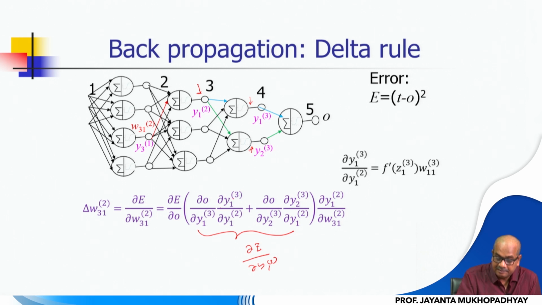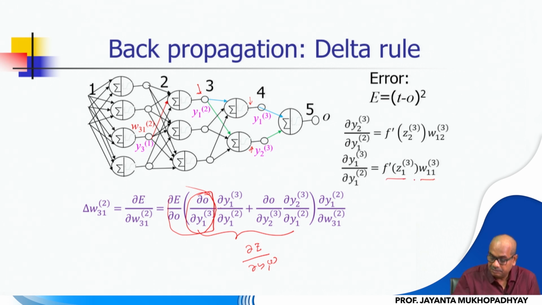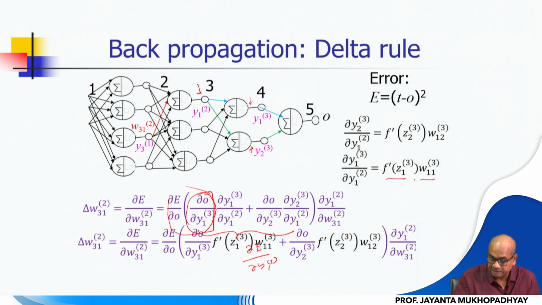You have already computed this part, delta E, delta O, and then you are simply multiplying with the nonlinear functions and also the weights, and adding. This is the way you are doing it.